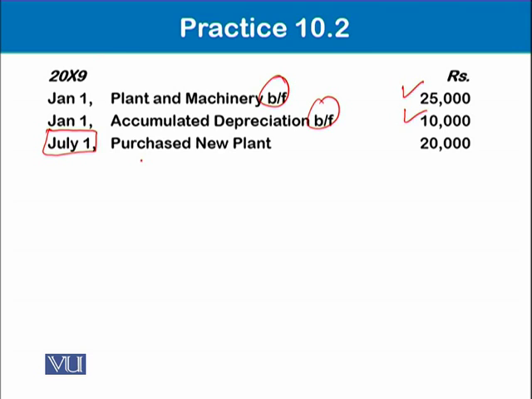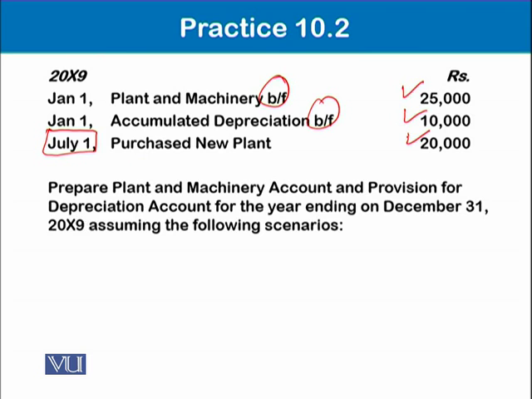So there is an addition of fixed asset during the year amounting to 20,000. Our accounting year is closing on 31st December 2009. From 1st January is its opening date, and 31st December is its closing date.